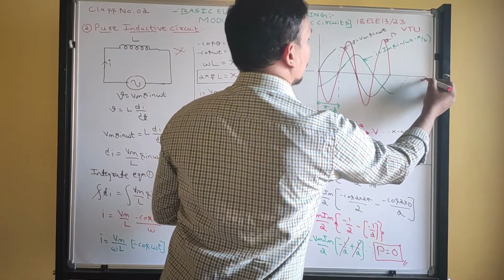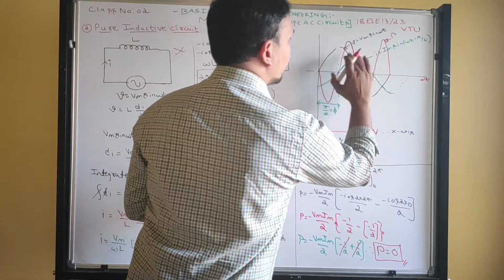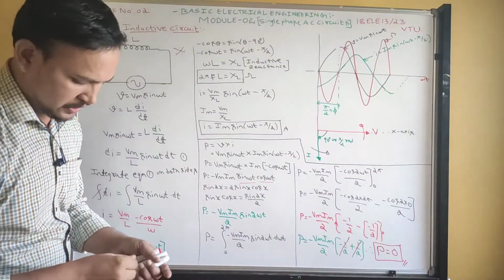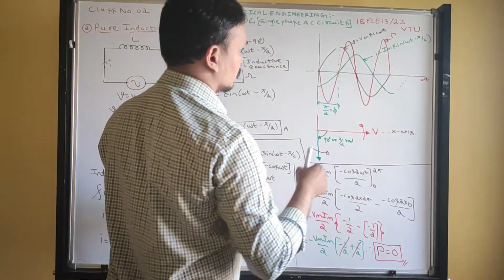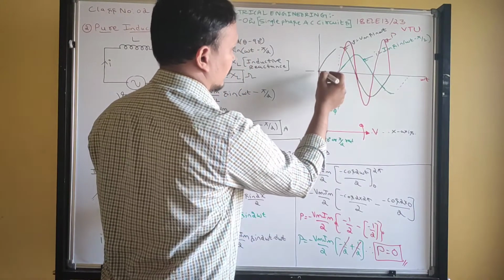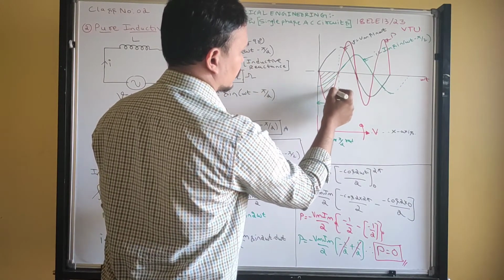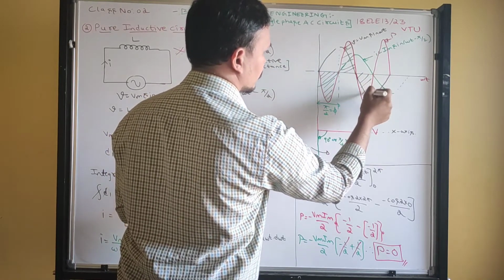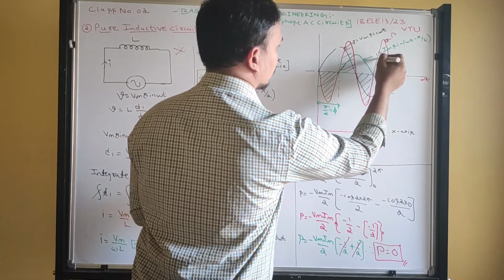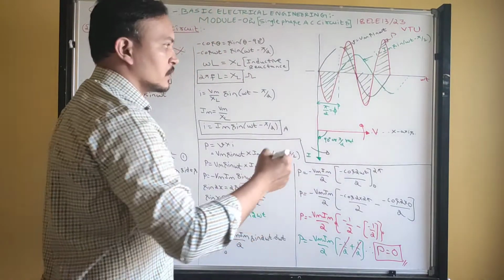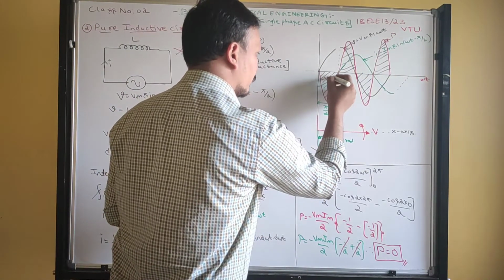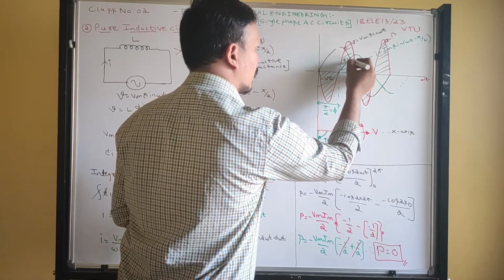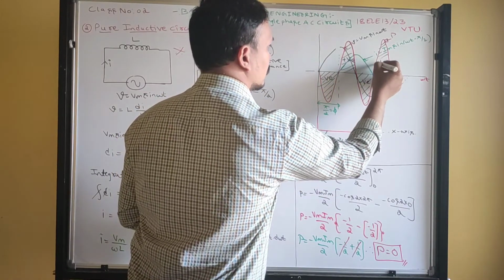Now power into time. What you will get? Energy. So therefore, I will write the shaded region. I will write the shaded portion. I am hatching this waveform, the power waveform. See, this is negative and this will be positive, negative and positive.